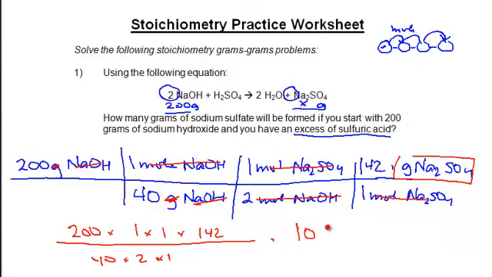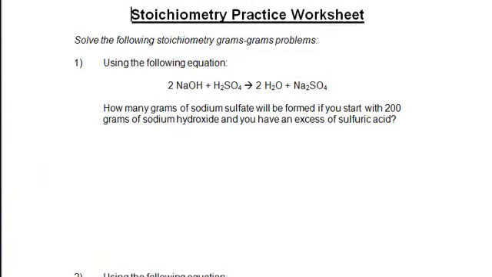So I have 355 grams of sodium sulfate if I begin with 200 grams of sodium hydroxide. I can predict how much of this will be made if I know this. Okay? Give you a minute to look at that and write it down.